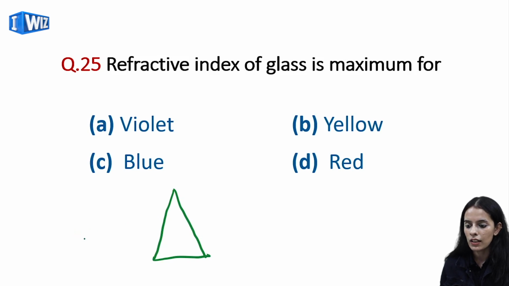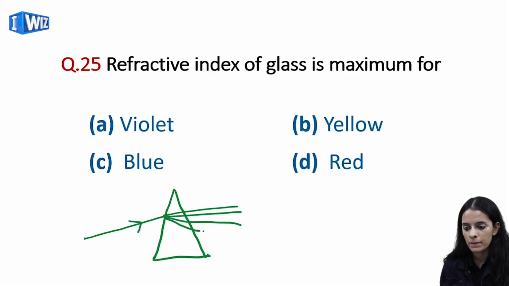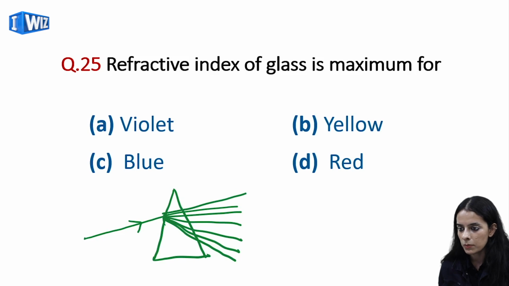He passed a ray of sunlight through a prism, and when sunlight passes through a prism, it refracts and scatters into 7 colors. And what name did he give to these 7 colors? This one is violet, this one is indigo, blue, green, yellow, orange, red.